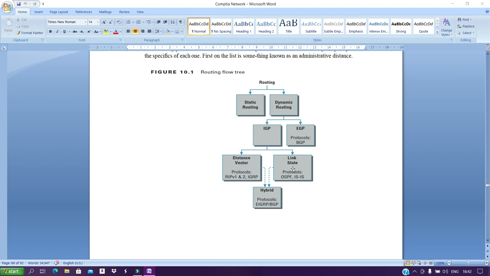Here we have link state protocols OSPF, which stands for Open Shortest Path First, and IS-IS, which means Intermediate System to Intermediate System. And here we have hybrid protocols: EIGRP, which is Enhanced Interior Gateway Routing Protocol, and BGP, which means Border Gateway Protocol.